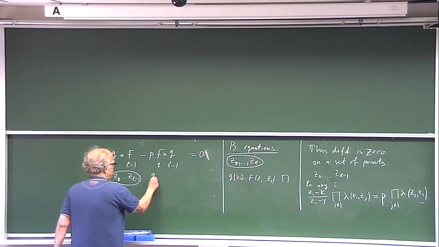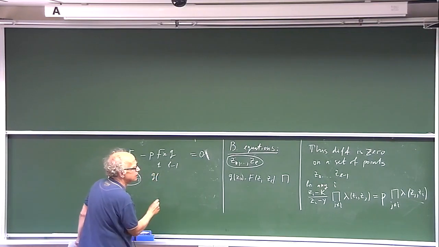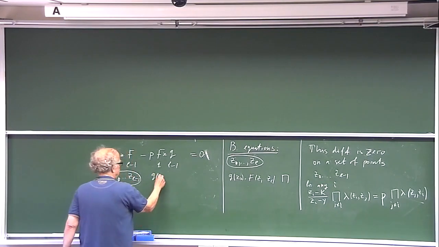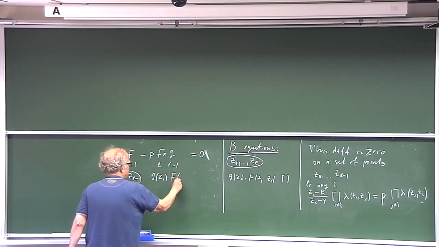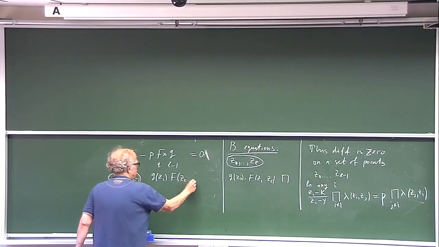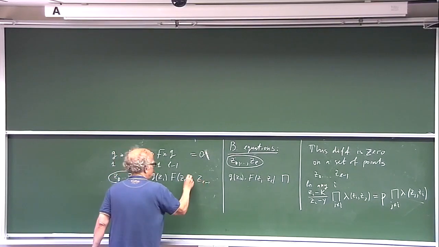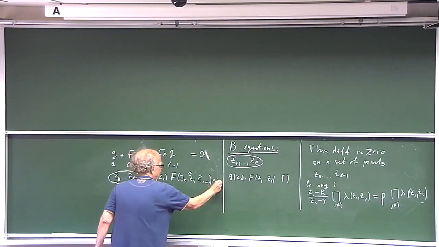It is G, Gi, F, G0, G minus 1 without Gi. And here it is some function.